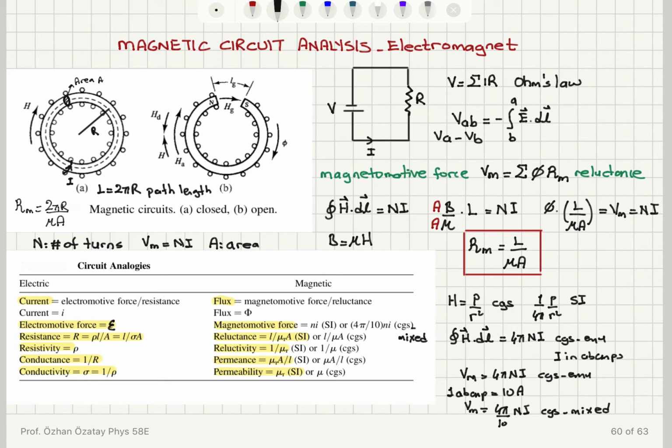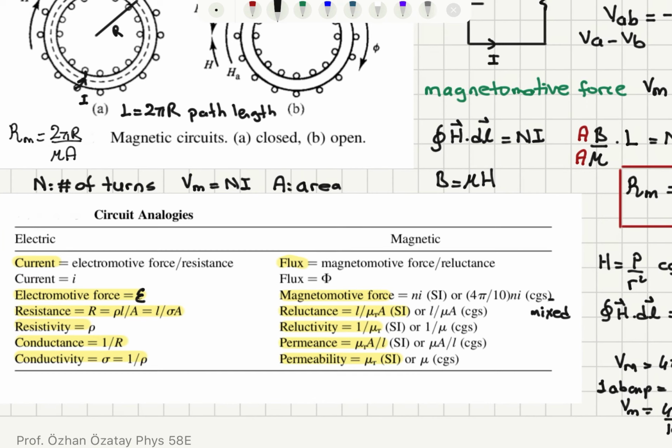If you multiply top and bottom by area, you have the flux inside the material, B times A, times L over mu A. L over mu A is reluctance. And you can see this analogy here. Current is flux, electromotive force is magnetomotive force, which is Ni in SI. Resistance is rho L over A, reluctance is L over mu A. Resistivity is rho, reluctivity is 1 over mu.